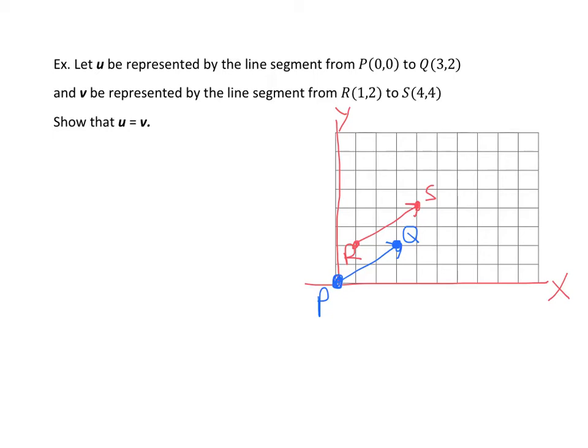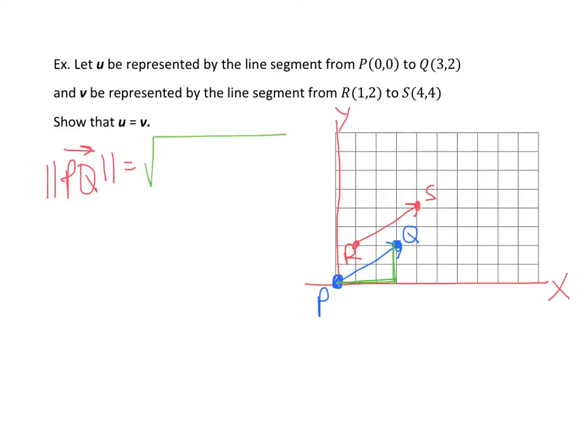So if I look at magnitude now, if I want the magnitude of vector PQ, I'm really wanting the distance. You can think of the distance as, if I'm looking at PQ, if you look at it as a right triangle, you're really solving for the hypotenuse.